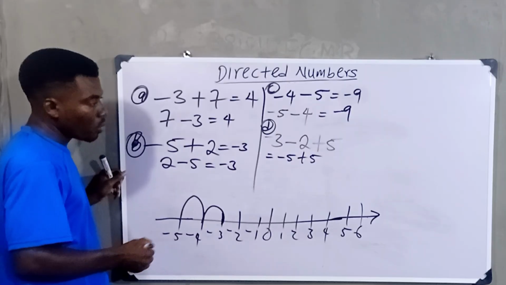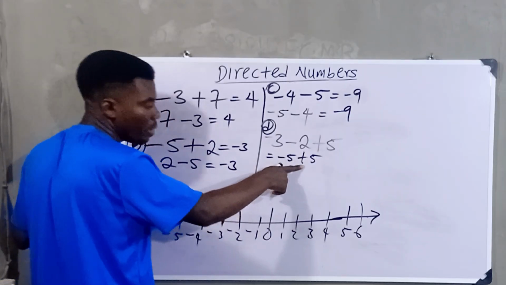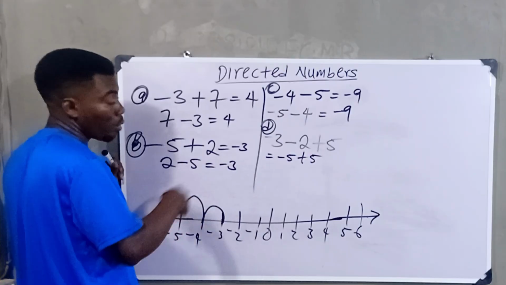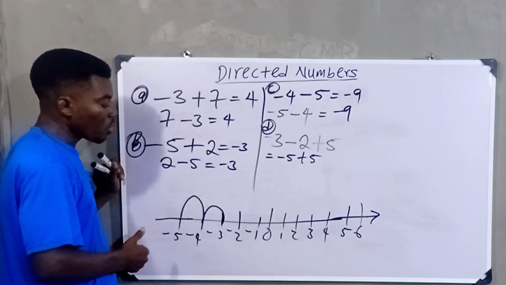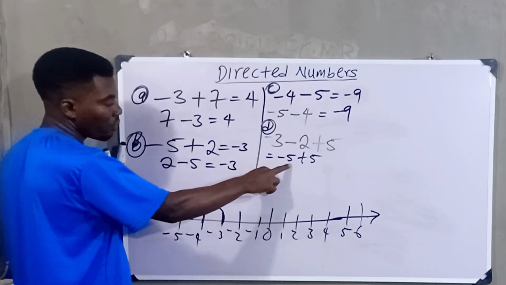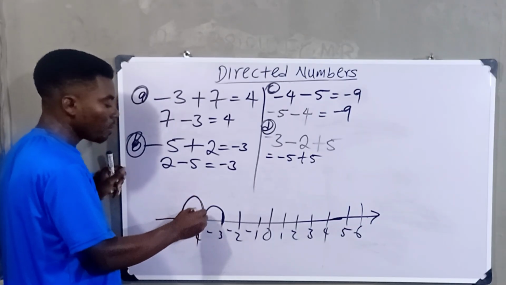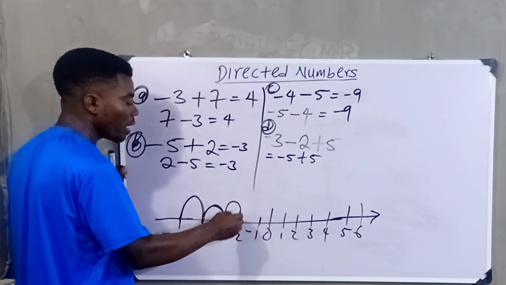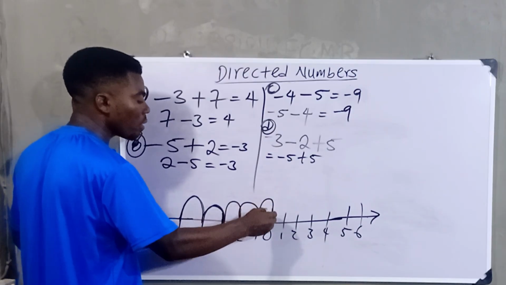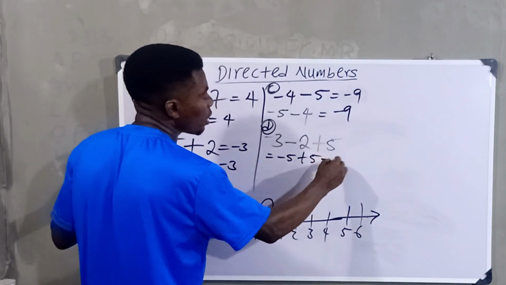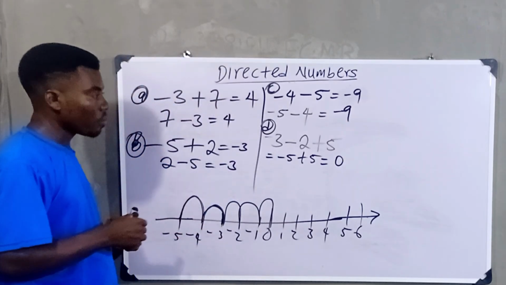Plus here means that you should increase, move towards the right. So move towards the right 5 times, starting from negative 5. We move 1, 2, 3, 4, and 5. So negative 5 plus 5 gives us 0.